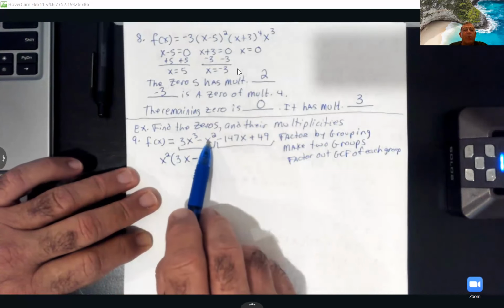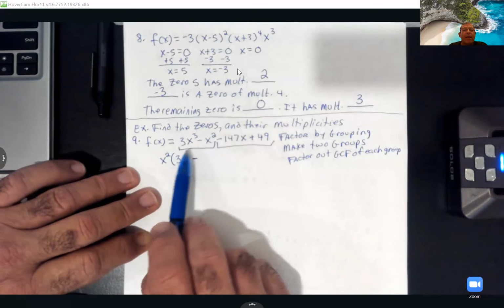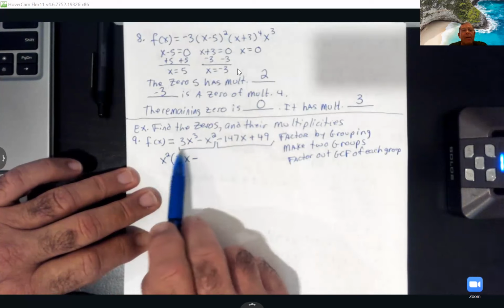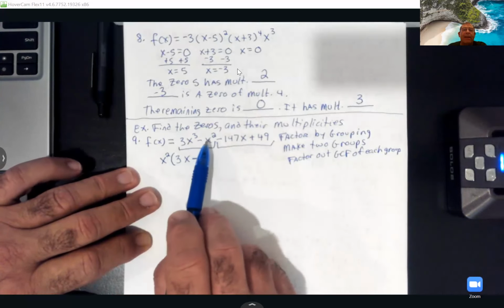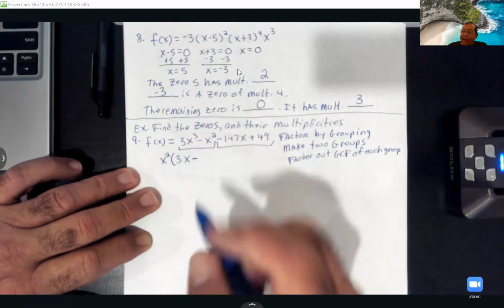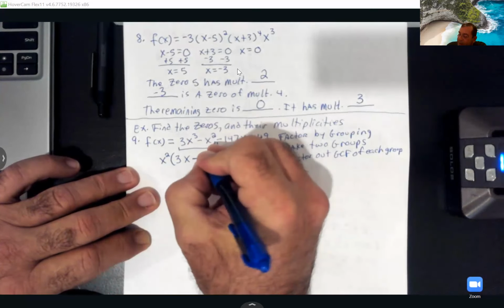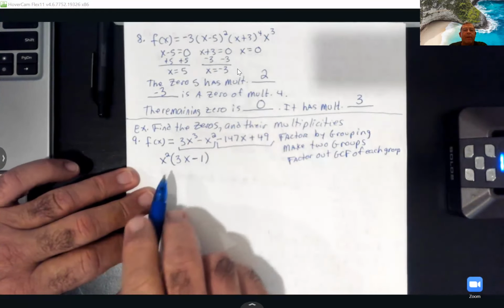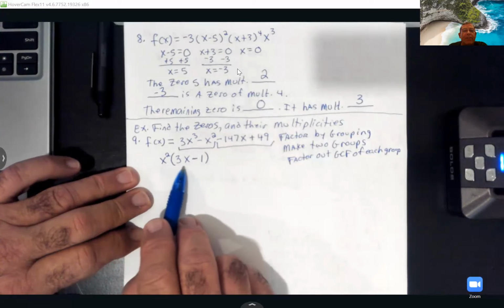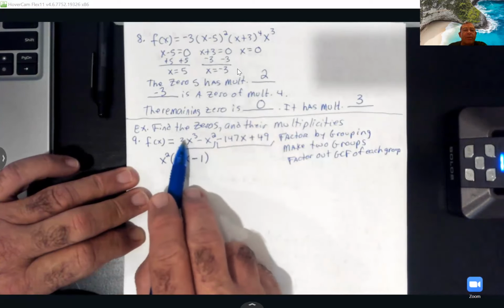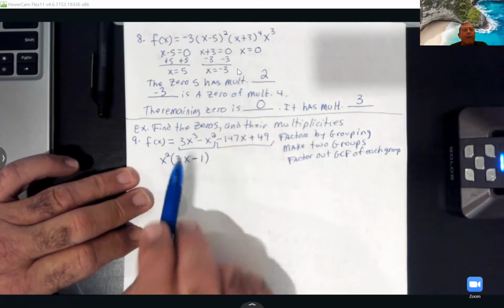So here you had a 1x squared. You take out that x squared. Basically, it's like dividing. An x squared divided by x squared leaves you a 1. So here we factored out the GCF from the first 2 terms.